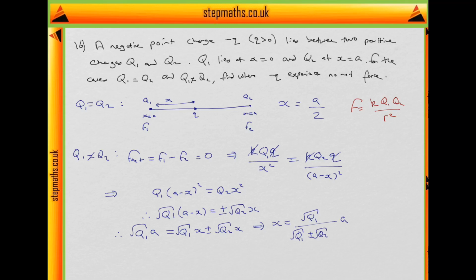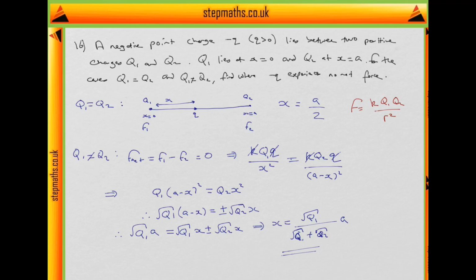Now we have to think, when can we have these plus or minus cases? We're going to disregard the case where we have a negative sign at the bottom, so we're just going to replace that with plus, and we'll justify that now. The reason we can't have the negative, Q1 subtract Q2, is because firstly, if Q1 were to equal Q2, we'd have the square root of Q1 over 0, so that wouldn't work.